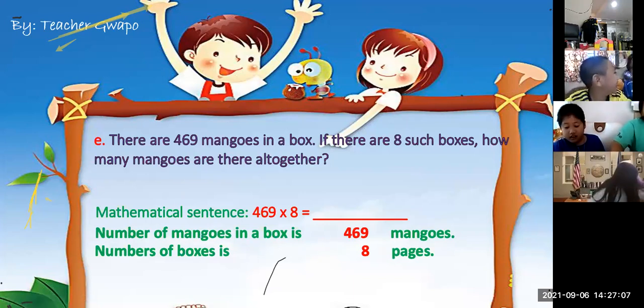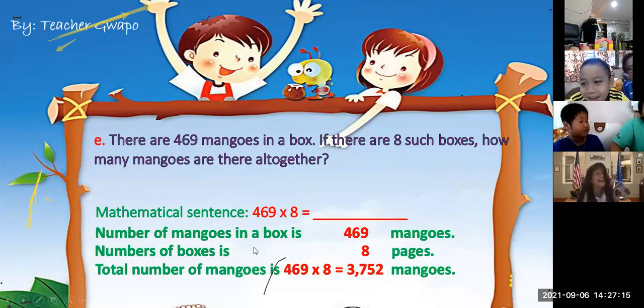A while ago, he said, how many mangoes are there altogether? So how do we find it? We just multiply. So the total number of mangoes is 469 times 8. Number of mangoes, 469. Number of boxes, 8.